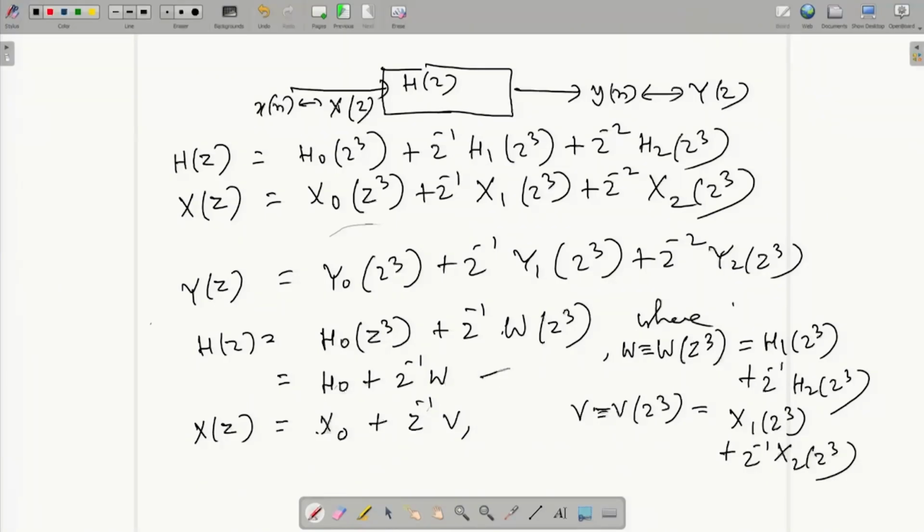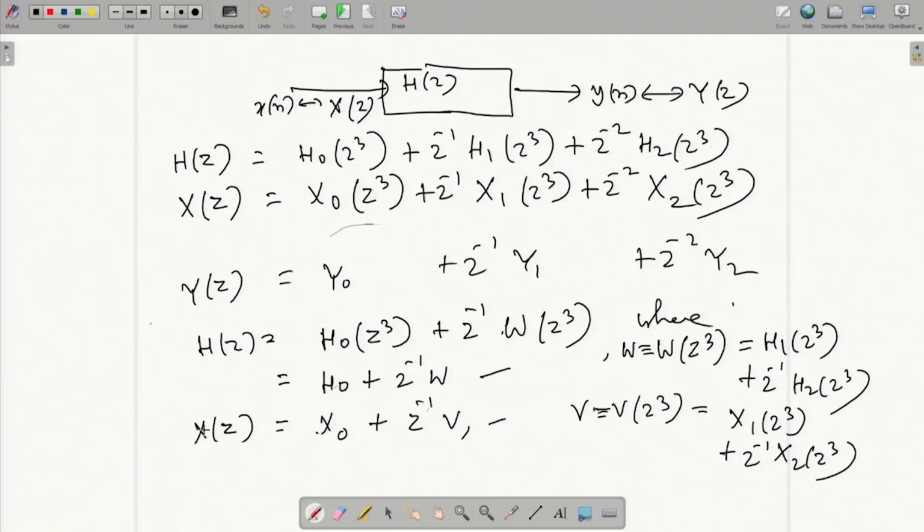Okay. So, this is 1, this is 1. H(z) is H0 plus Z inverse W, X(z) is X0 plus Z inverse V, and H(z) into X(z) is Y(z). You can even write it this way, you can call it Y0, Y1, Y2, meaning Y0 as a function of z to the power 3, Y1 is a function of z to the power 3, Y2 is a function of z to the power 3, just I am not writing that, it is in our mind.